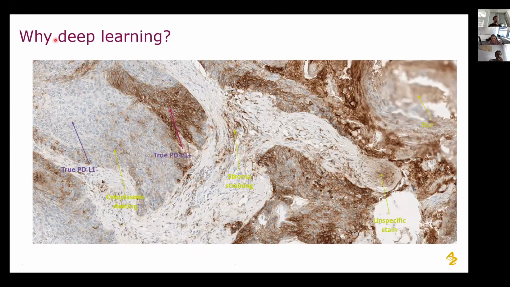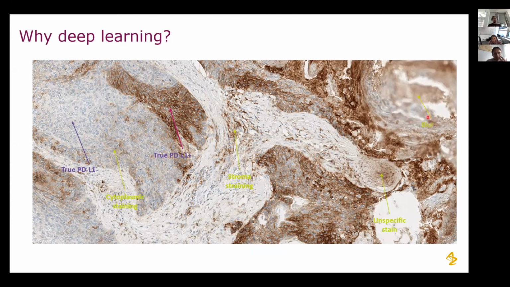Why do we use deep learning? Because you can say that we can use a Brown detector on tumor cells and get the score done, but PDL1 is very difficult. As you can see, this area here is a true PDL1 positive region. So all the cells here are PDL1 positive, but at its side, you have this area which is PDL1 negative, but it does not only stain tumor cells, you also see in the stromal regions that you have some positive immune cells.